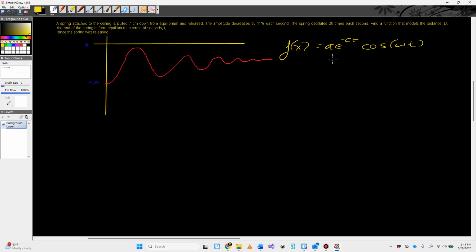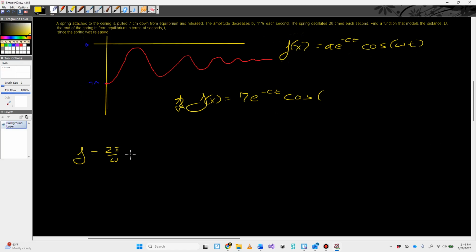And I have some information that I can put in. For example, my amplitude is 7 times e^(-ct). And my w is going to be related to my frequency. Remember, my frequency is equal to, I believe it is 2π over w.